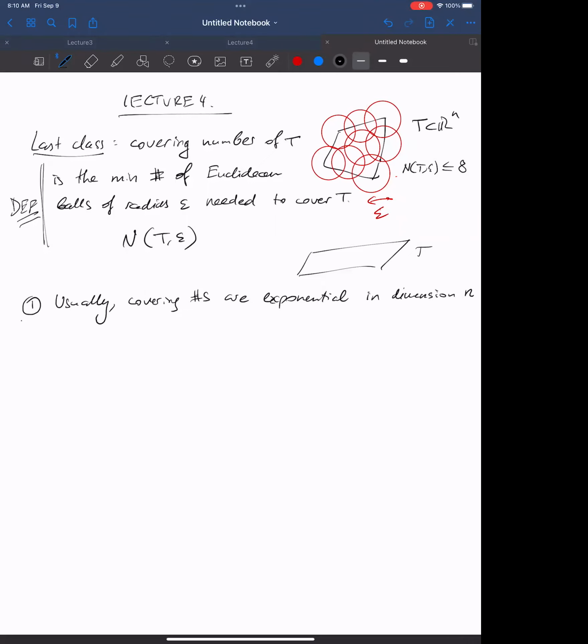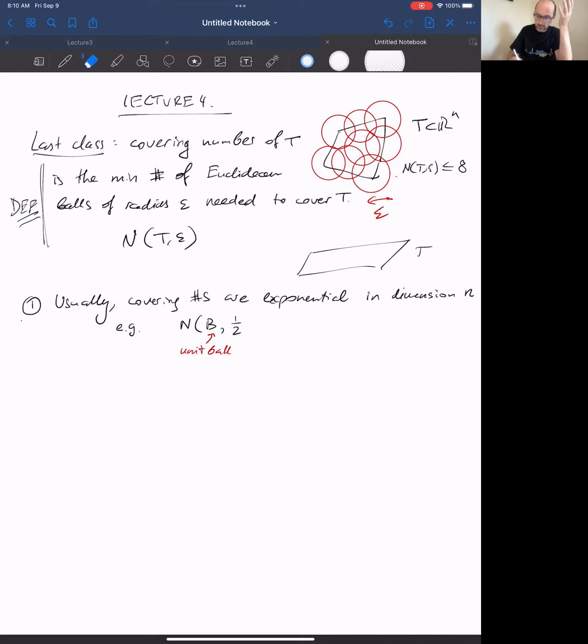For example, the covering number of the unit ball itself, if you want to cover the unit ball by copies twice smaller. So we're trying to cover the Euclidean ball by the balls that are just twice smaller in radius. That requires at least 2^n balls.